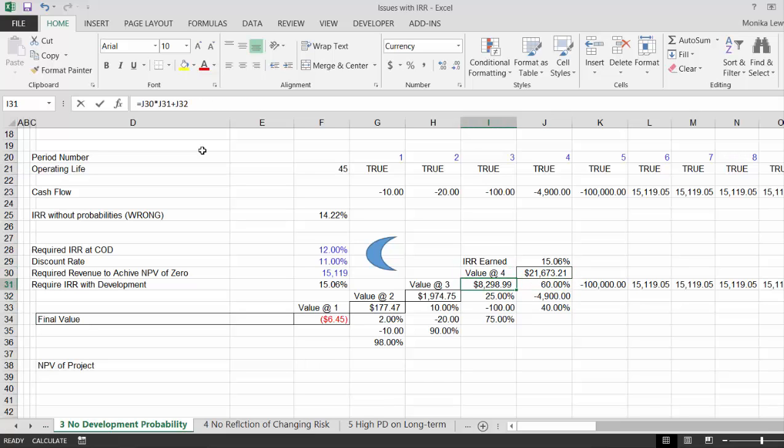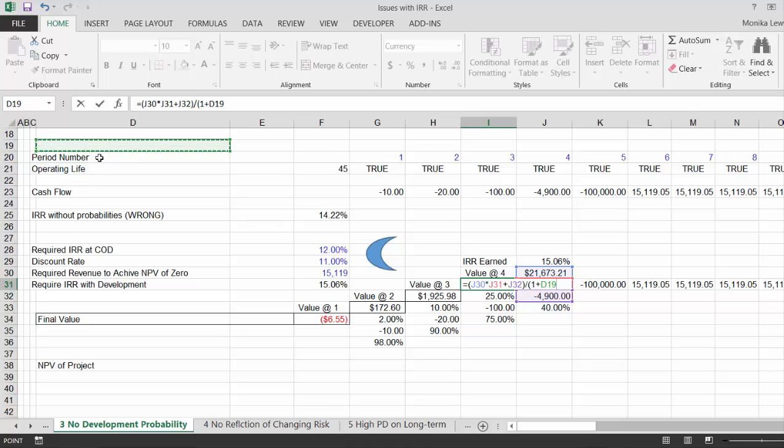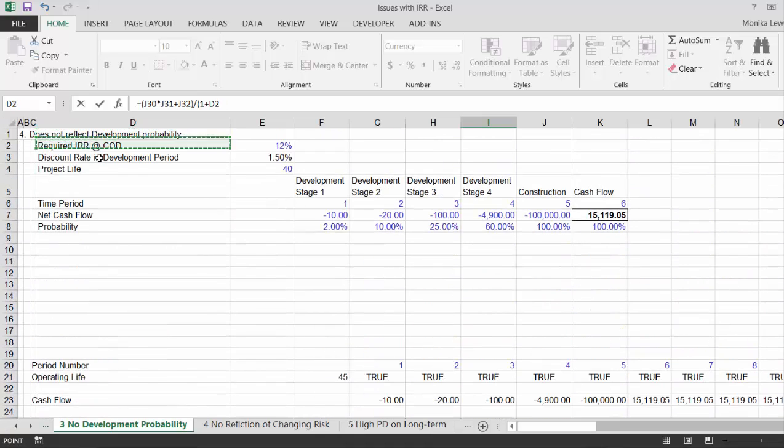so this one, we take this one plus that one, and since all those cash flows occurred 1 year earlier, we again discount that by 1 plus the discount rate. I'm hoping I'm doing this right.